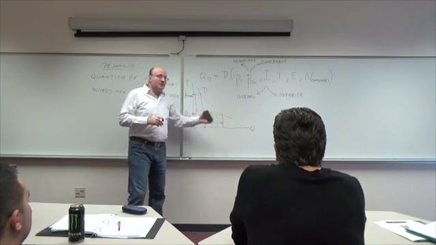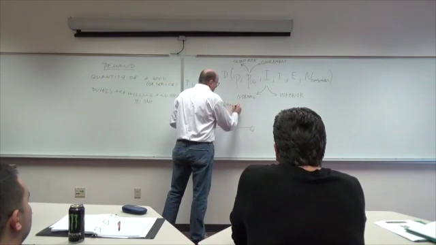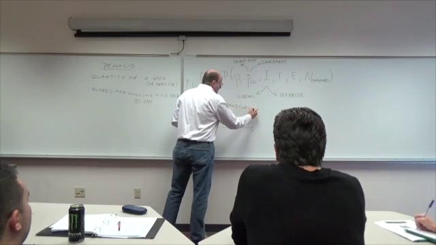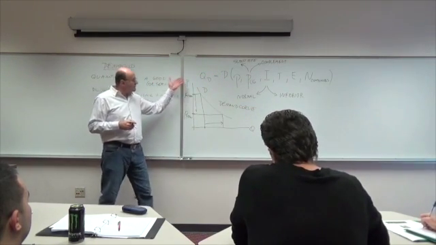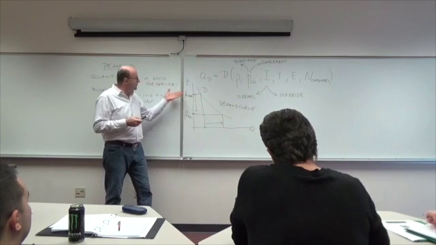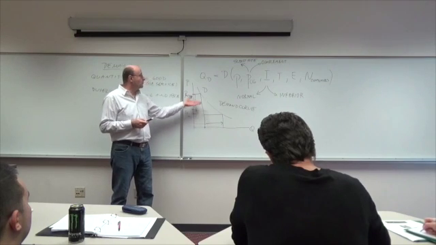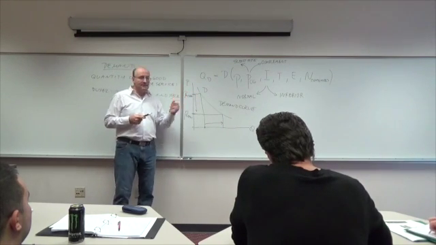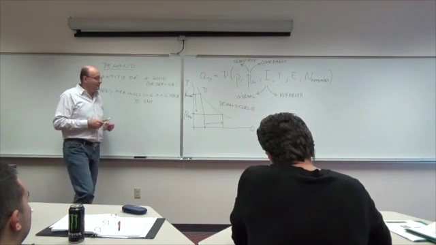So this is a demand curve. A demand curve represents all the combinations of prices and quantities consumers or buyers are willing and able to buy at the given price. What was the first one?